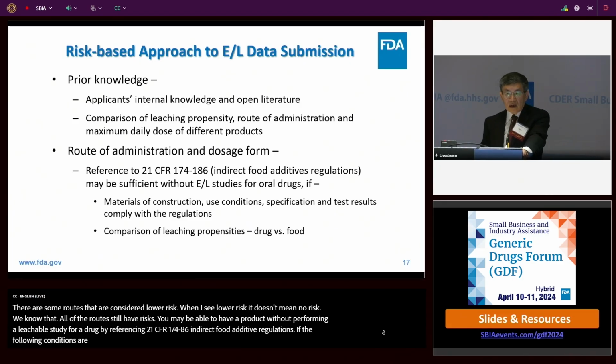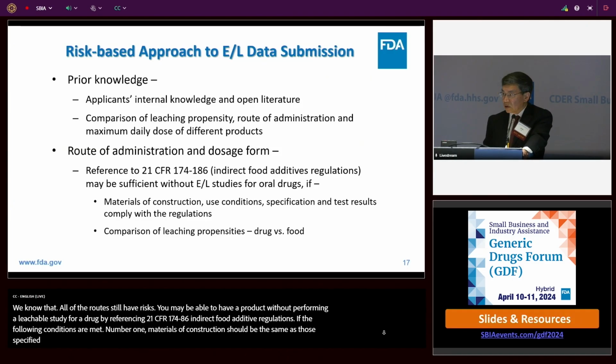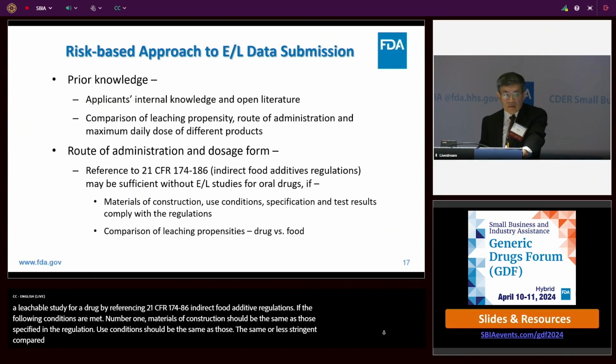Number one, materials of construction should be the same as those specified in the regulation. Use conditions should be the same or less stringent compared to those specified in the regulation. For example, some material can be used to package alcoholic beverages.